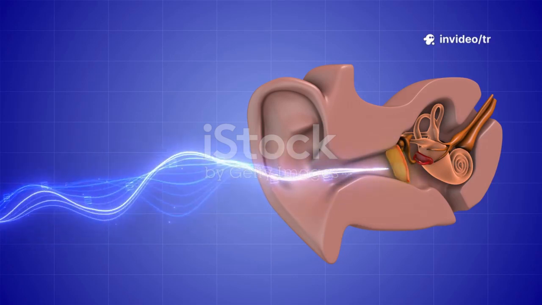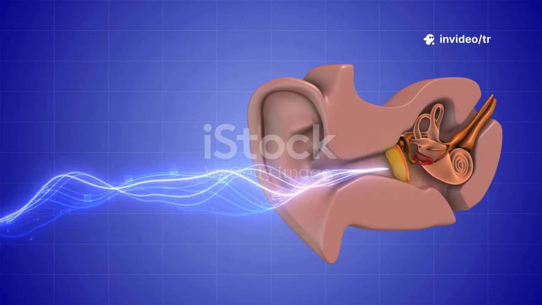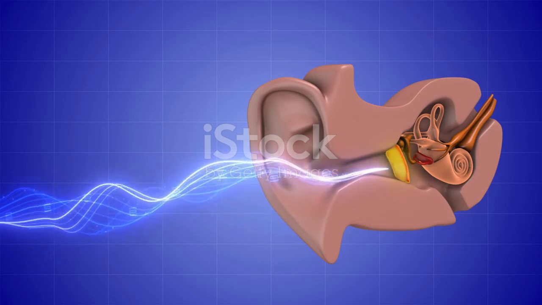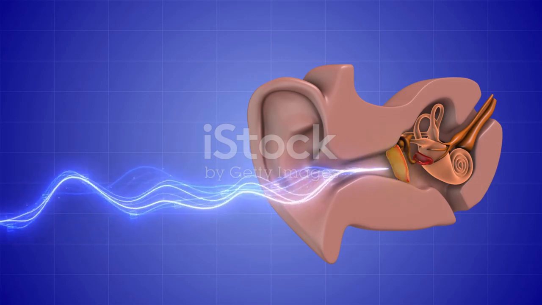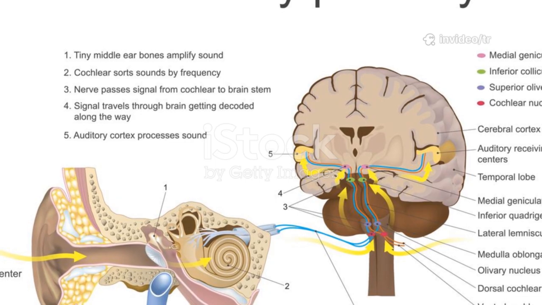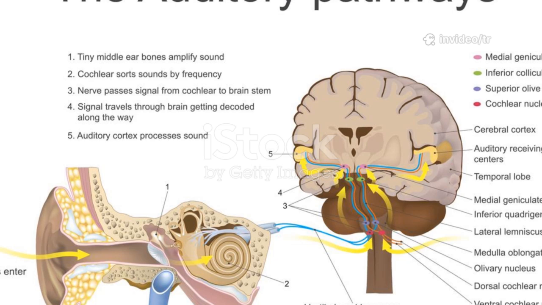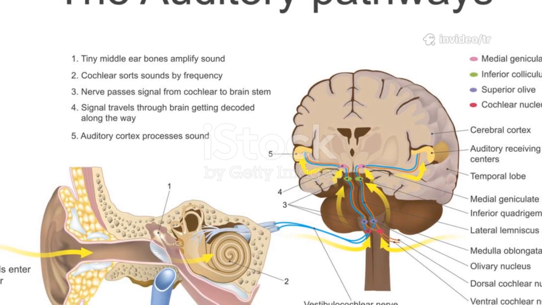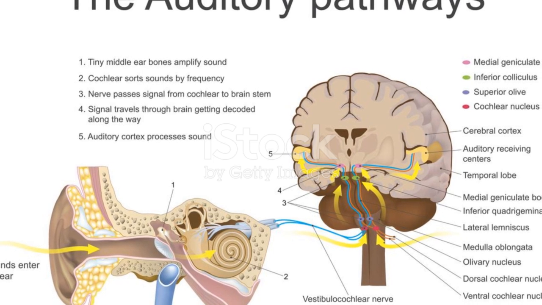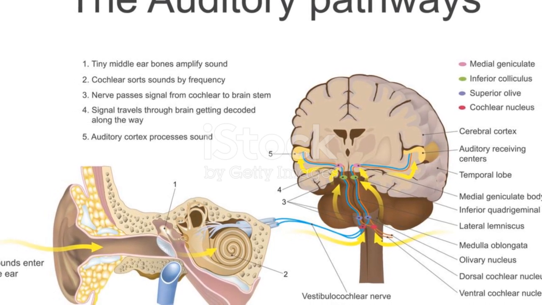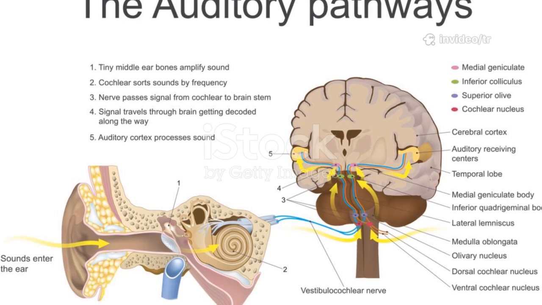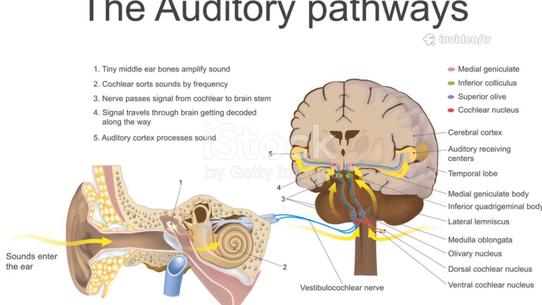Different frequencies cause the peak of this travelling wave to occur at different places along the cochlea, stimulating specific hair cells. This is the place theory of hearing. Step 4. The brain. When these hair cells are bent, they send electrical signals through the auditory nerve to the brain. The brain then processes these signals, interpreting the patterns as speech, music, or noise.